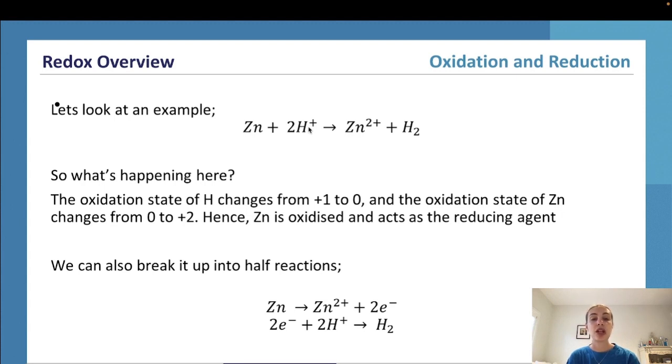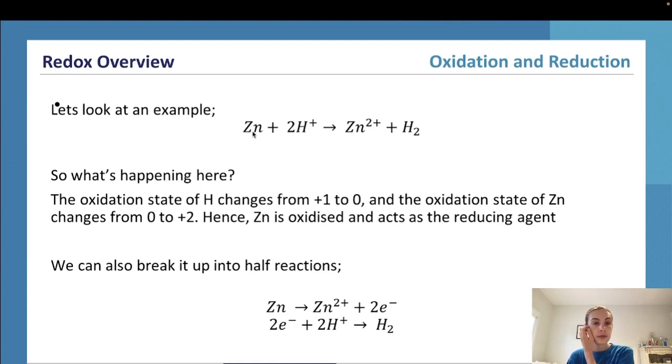And so we can see it's changing from +1 to 0, and our oxidation state of zinc is changing from 0 to +2. Zinc metal is 0 because it's entirely made up of one type of element, so that's rule 1, it's going to be 0.